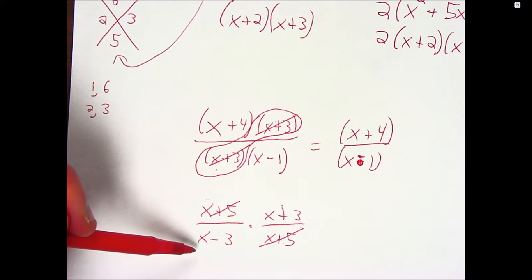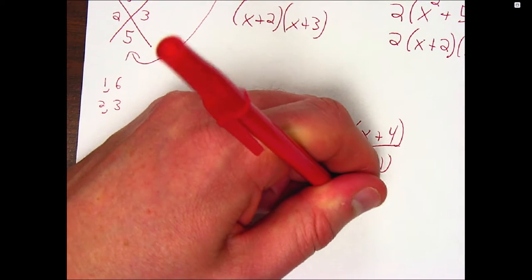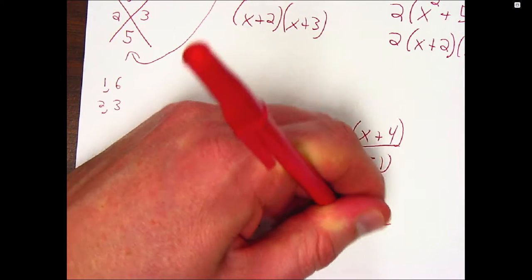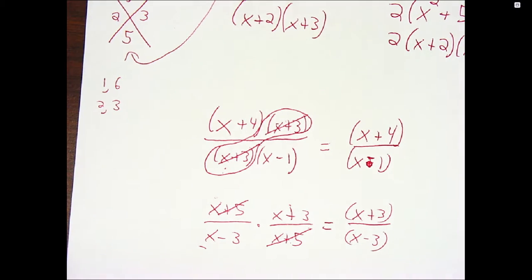X plus 3 is not the same as x minus 3, and so we can't cross those out. And sometimes I like to put those parentheses around just to remind myself that that's a group, and you can't cancel out the group unless it's exactly the same. And so even though this has an x and a 3 and an x and a 3, the plus and minus make them different, and so we can't cross those out.